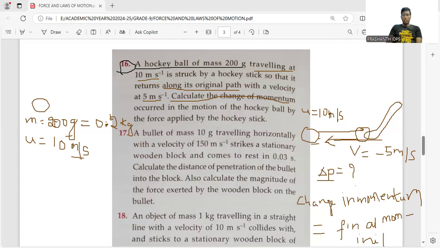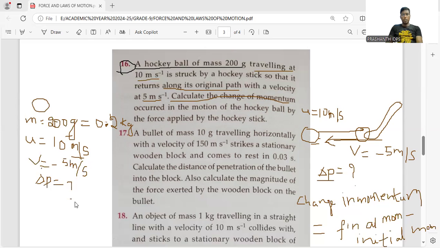This is the formula of change in momentum, which we study in impulse. Now what is the v value? v is equal to minus 5 meter per second. Why minus? Because it is coming in the opposite direction. And we need to find out delta P. Delta P is equal to question mark.